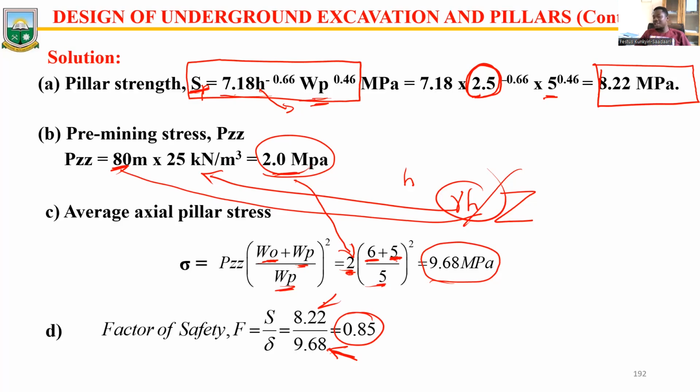So let's forget about these dimensionless units and express this as a percentage. It simply means that you have 85% chance of safety when you are in the mine or in that particular stope, and you have 15% chance of failure when you are in there.